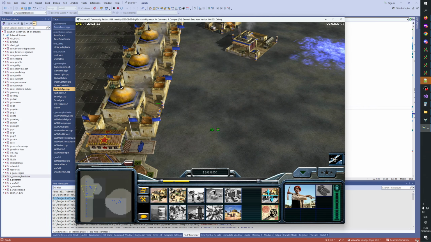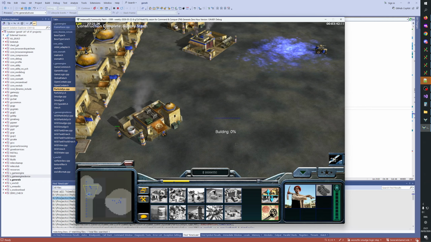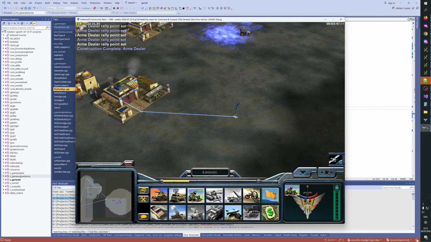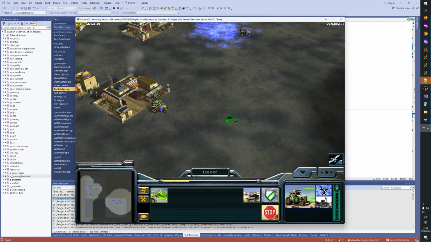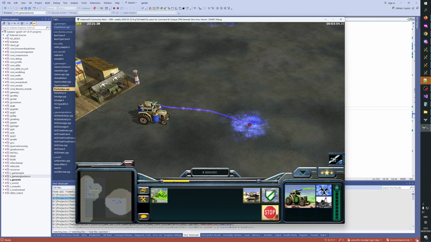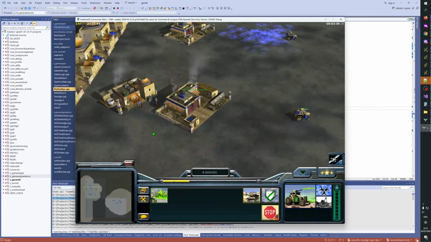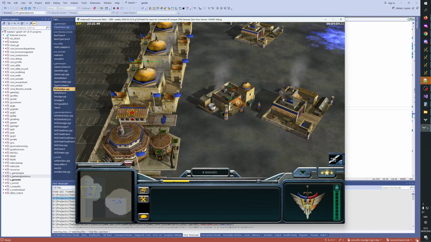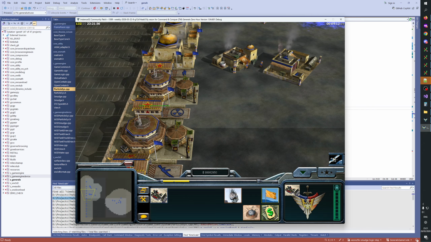Let's get the normal one. Okay. Oh, it's also blue. Okay. Let's get a new cannon.